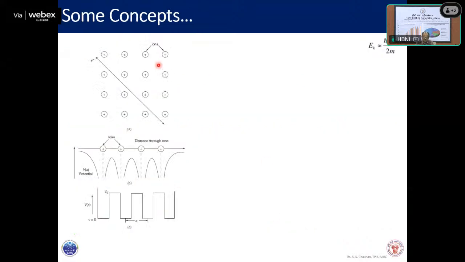Now one important thing, as I already said: when an electron is moving, it should be treated as a wave. Let us say this is an infinite crystal lattice, where there are ions, and consider the electrons. These are ions, plus core electrons associated with them.